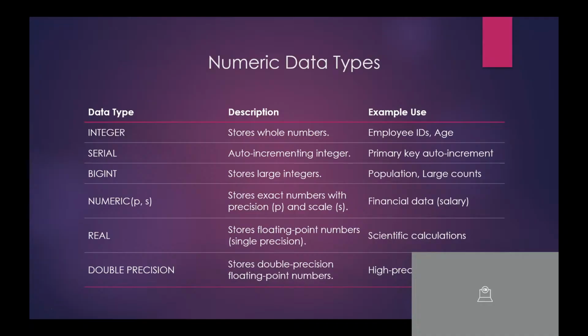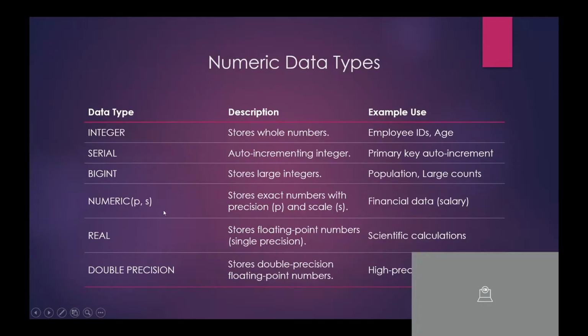Examples are IDs and ages. Serial is an automatically incrementing integer. Big integer stores a large integer. Numeric stores exact numbers with precision and scale.